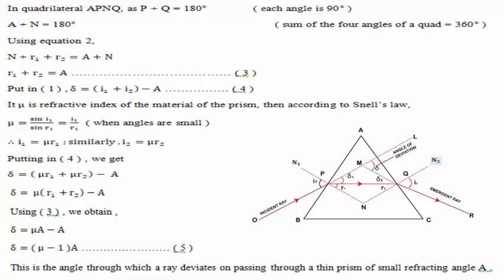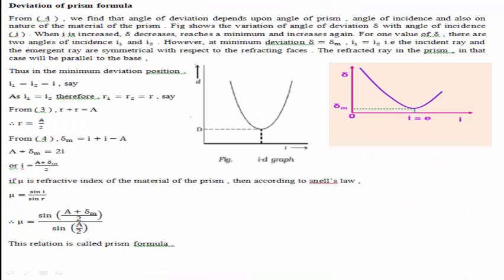Then we get delta is equal to nu multiplied by A minus A. Take A common, then you get delta is equal to nu minus 1 multiplied by A. Call this equation number 5. This is the angle through which a ray deviates on passing through a thin prism of small refracting angle A. Now we have to calculate the prism formula.